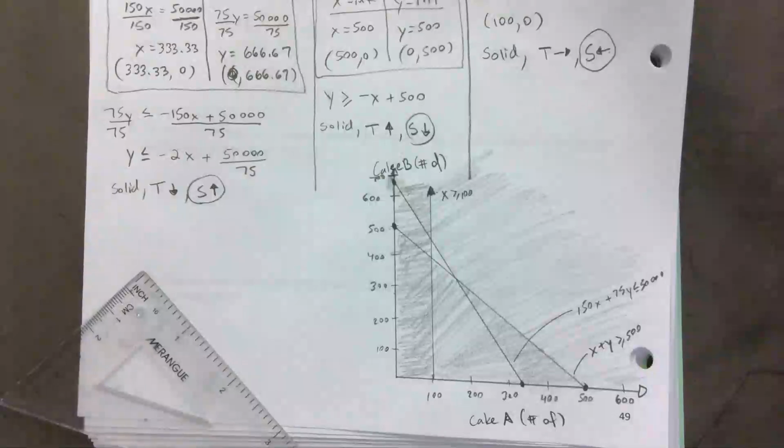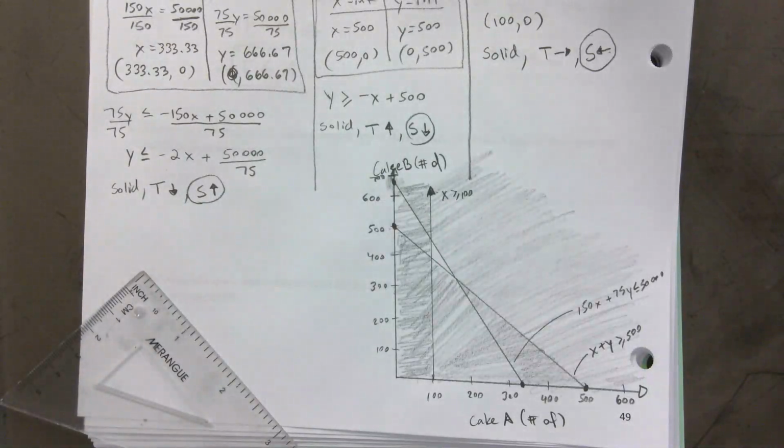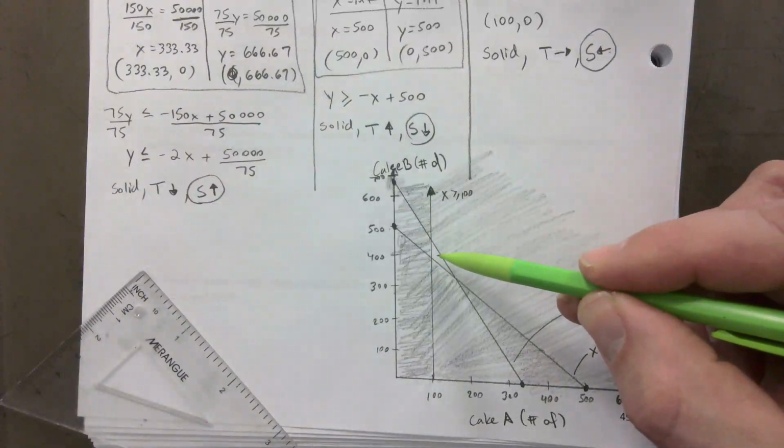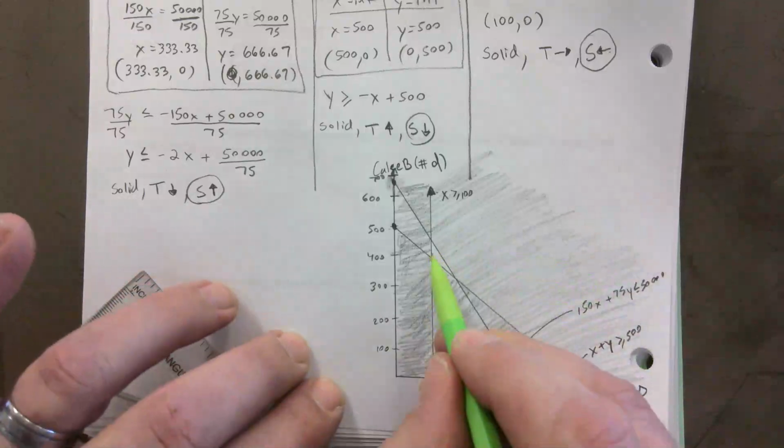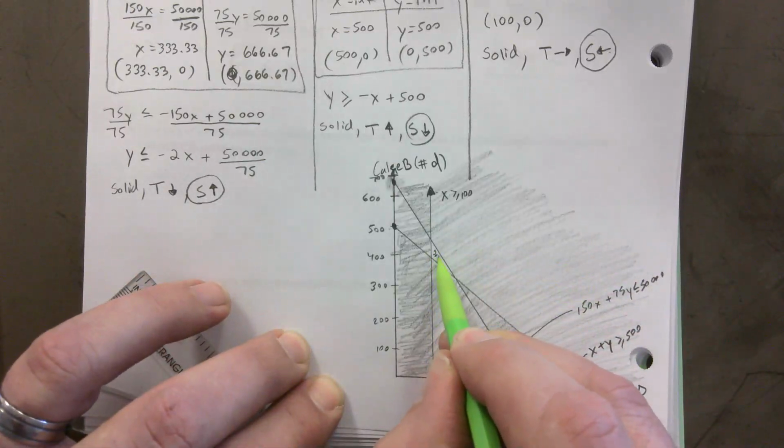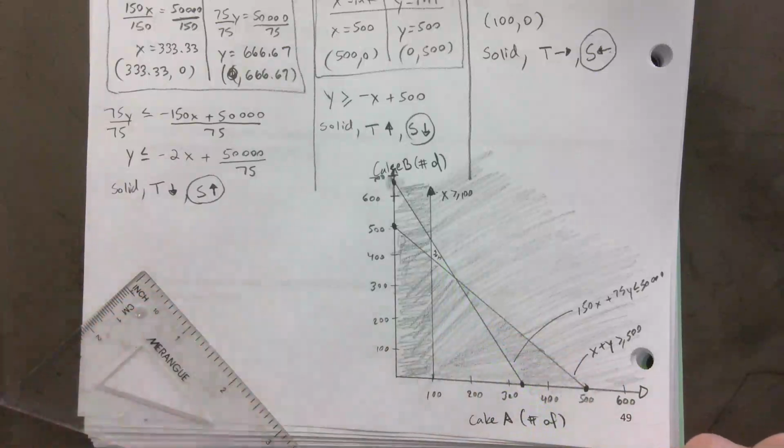There we go. There's a little sliver that remains unshaded, right? This one right here. So that is your solution region. Please write it in. I know it's small, but I made it happen.